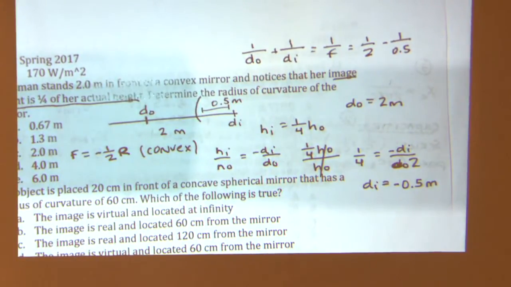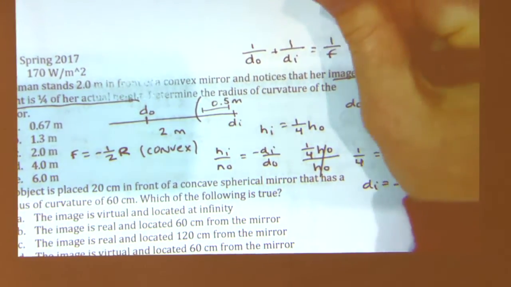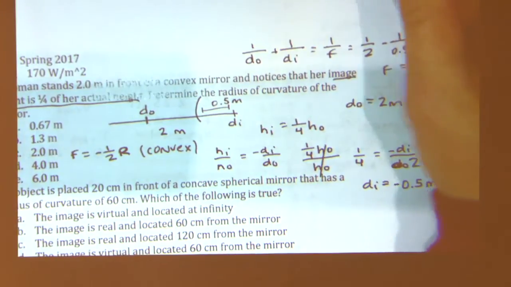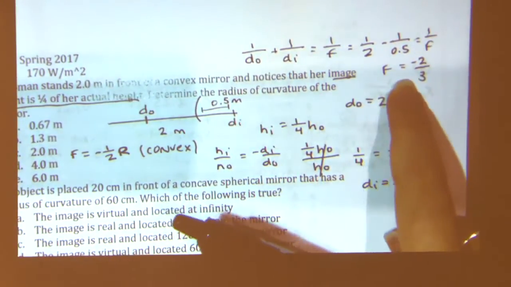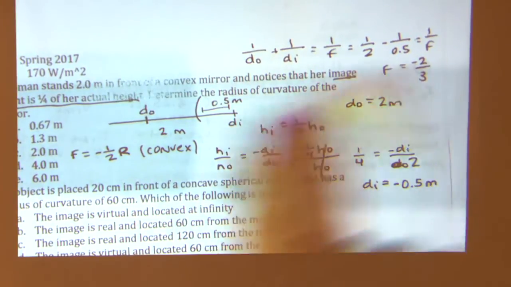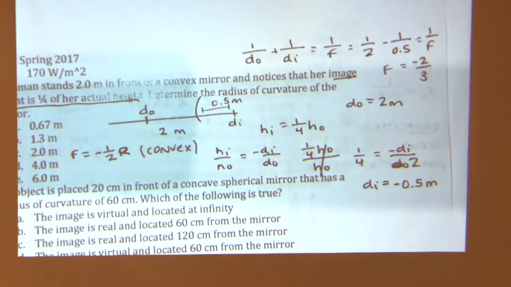And when I did that, remember that equals 1 over F, I got F is equal to negative 2/3, which makes sense because focal lengths for convex mirrors are going to be negative. So you should be getting a negative for that.